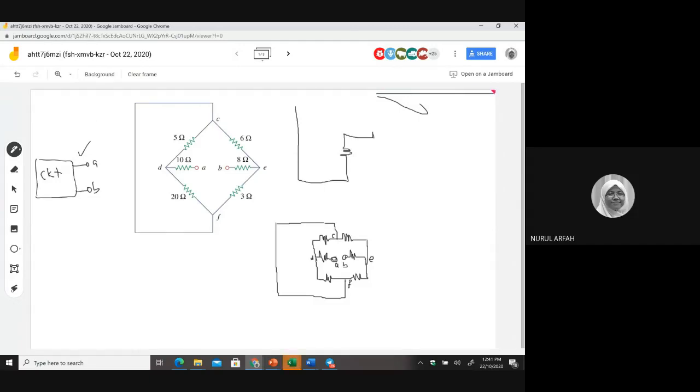You can also put it in this way, no problem. If this is a circuit, then you have A terminal here, and this is a B terminal. No problem, as long as you don't short circuit the terminals here. This is a different story. Do not short circuit A and B.